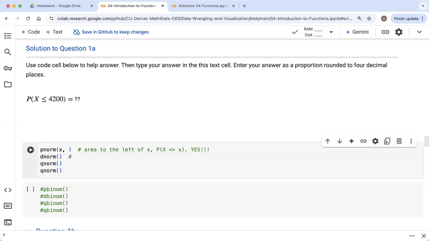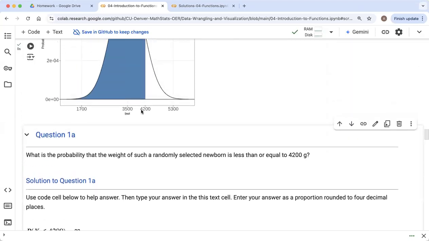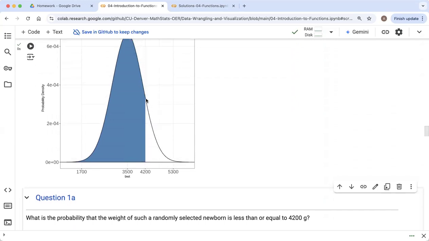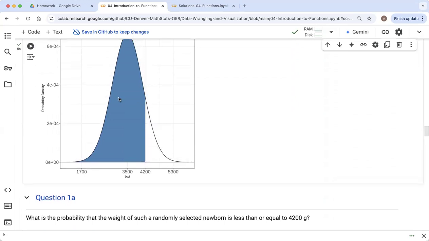This d-norm function is calculating the height, or let me say it like this, the value of the PDF function at x equals, in this case, 4,200. So if I were to plug in 4,200, it's going to tell me the height of this function, what the probability density is.